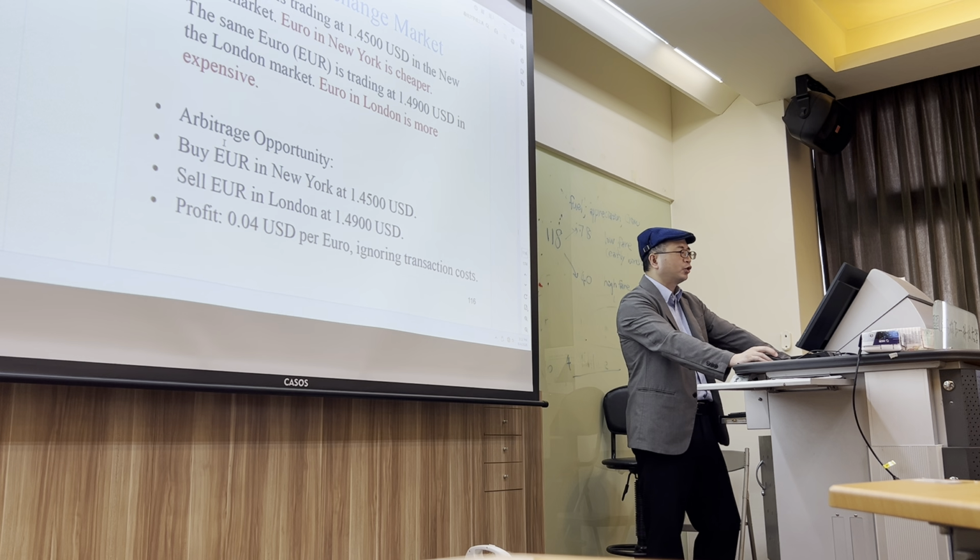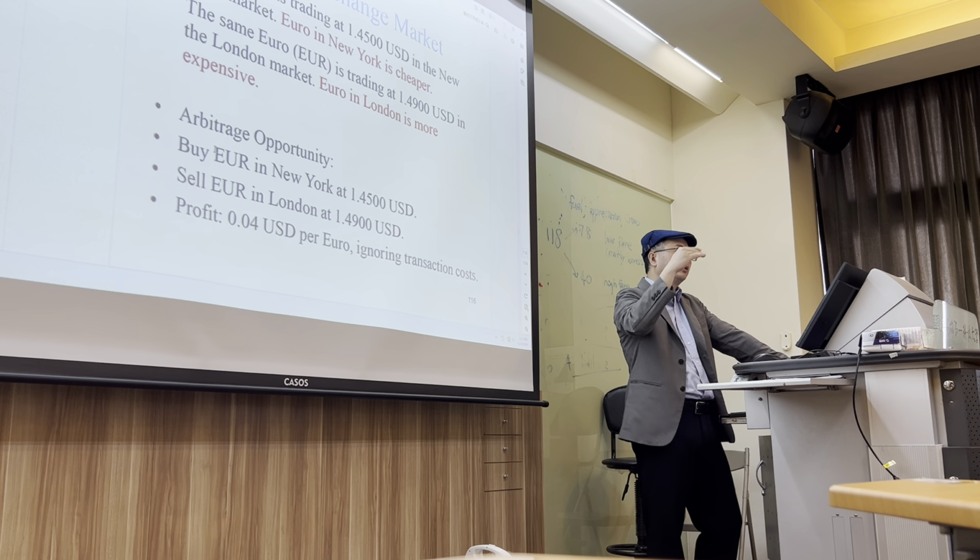Now, let's assume we have the euro, short for EUR, that is trading at 1.45 USD in New York. And the same euro is trading right now at 1.49 USD in the London market.